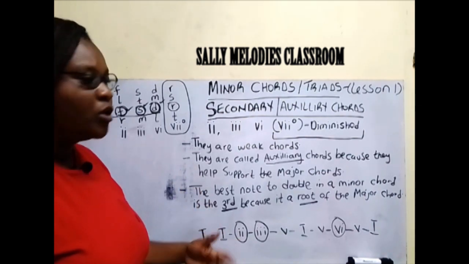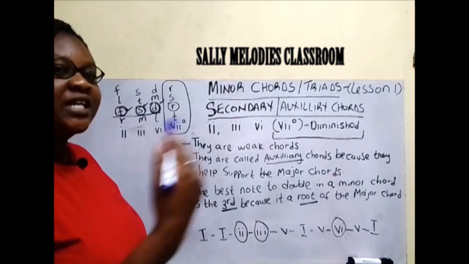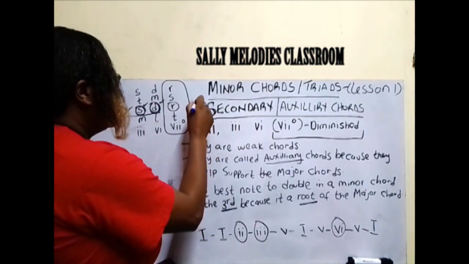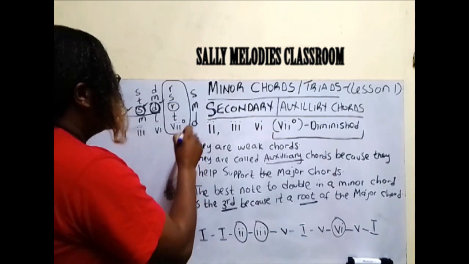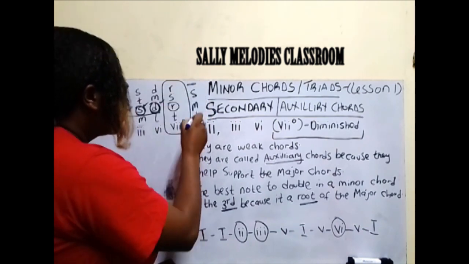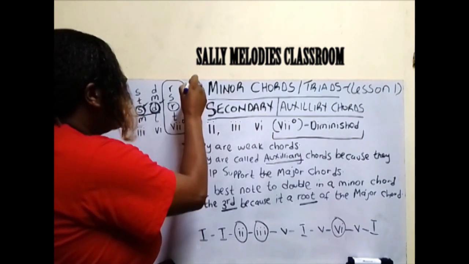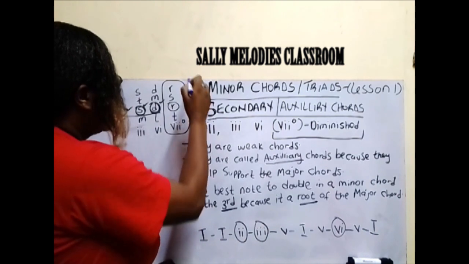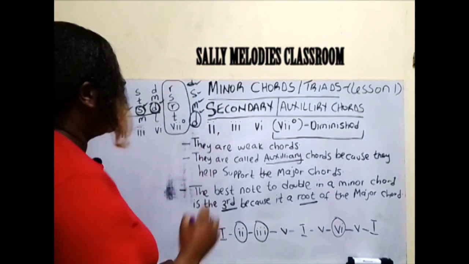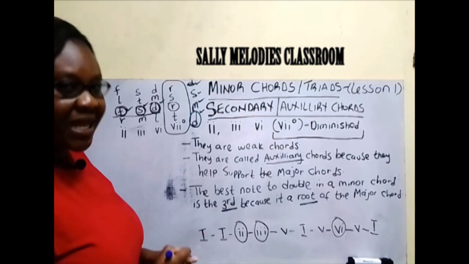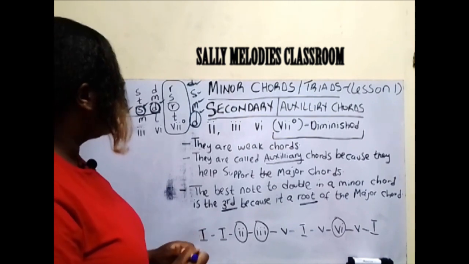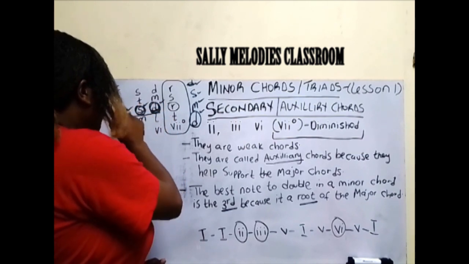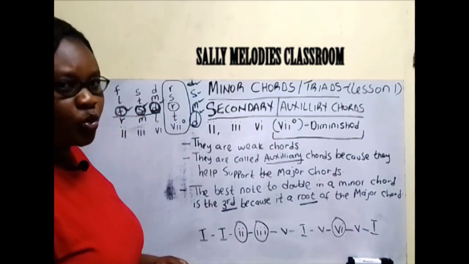Why do we double? We double because we need the fourth voice. This is a triad. Do, mi, so. And you need another voice here. So you take this root and you bring it here so that you will have two voices singing the do and other voices singing the so and the mi. But when it comes to minor chords, you only double the third because it is a strong note.